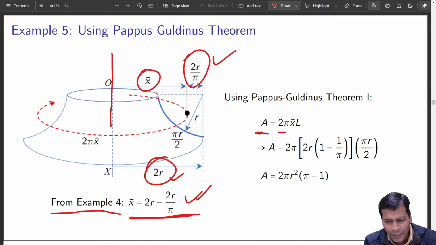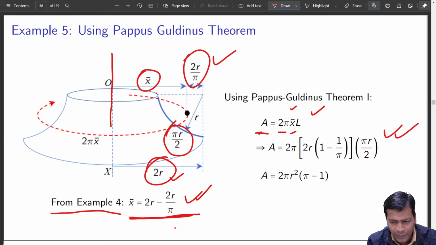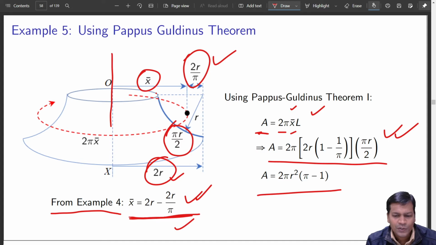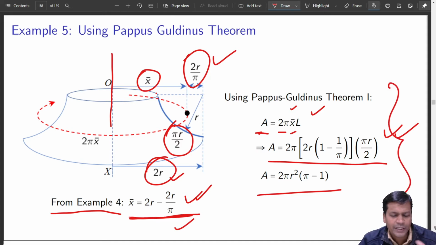So that is what we are using. So x bar is known. L is pi r by 2, x bar from here. So the total area will be something like this. So now you got it. Okay. So this is how you can calculate surfaces of complex geometry, at least the geometries which are made up of these small primitive shapes.